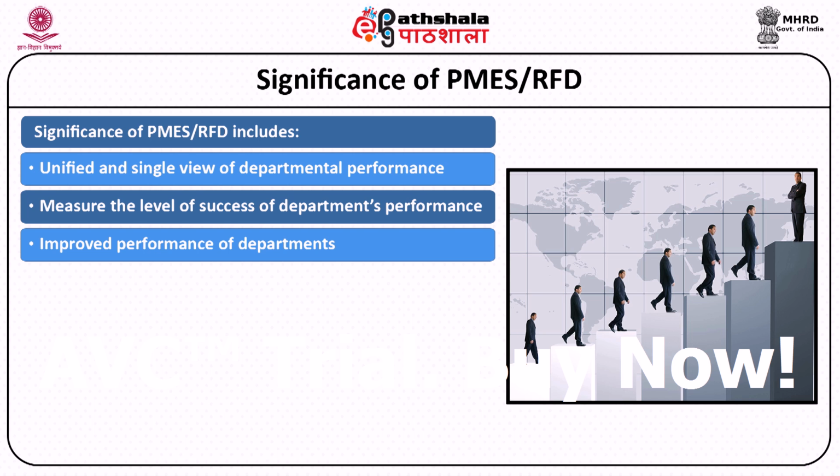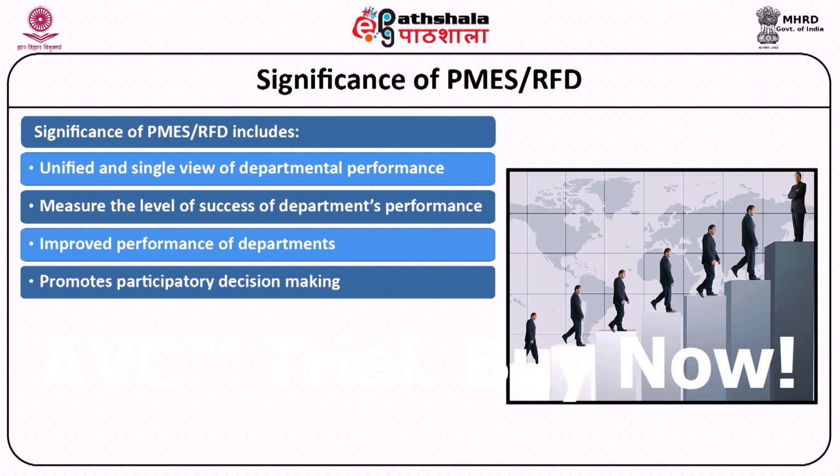Since RFD means a result framework document, which also means identifying objectives, performing actions, and measuring the performance, it requires the participation of all the different stakeholders of a department or a ministry. That means participatory decision making is another outcome of RFD.